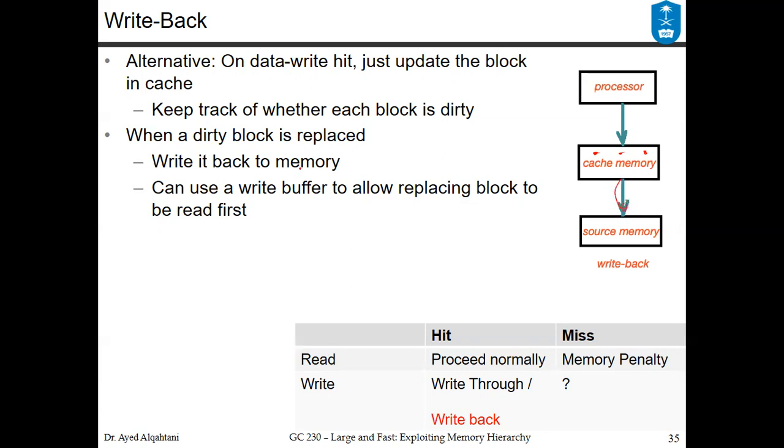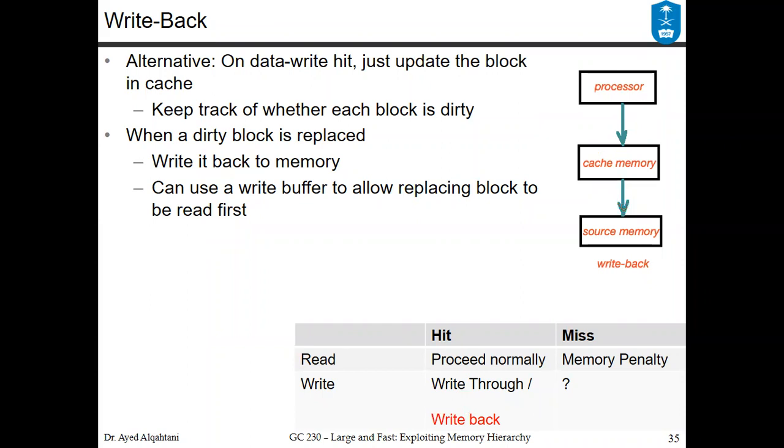And this is why we call it write back. You can use a write buffer to allow replacing a block to be read first, and to make it a little bit faster. So in the write hit, you have two methods, either write through or write back.